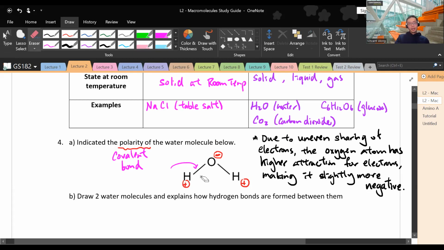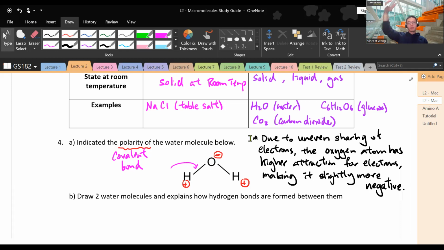So, if the electrons are being shared evenly, then that means 50-50, right? Half and half. But if it's uneven sharing, then the oxygen gets to hold on to the electrons more than the hydrogen. And of course, electron gives it a slightly negative charge. As an analogy, like I bought this toy for my kids, and I told them you guys have to share.